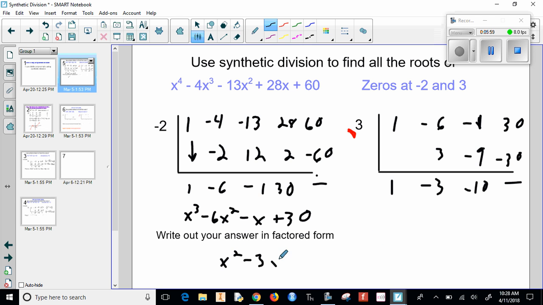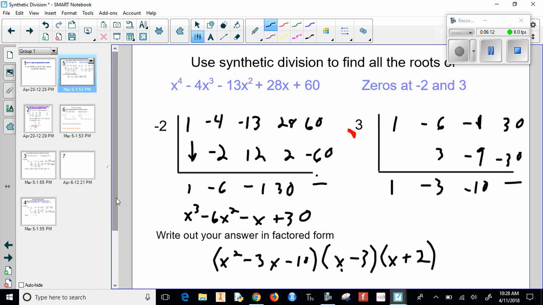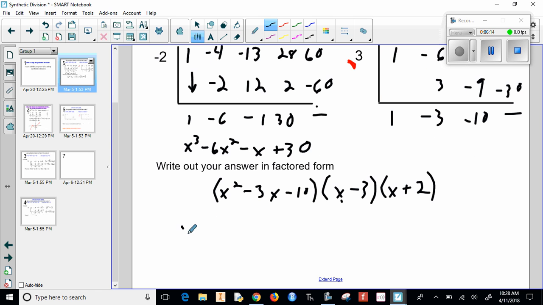First, I'm just going to get x squared minus 3x minus 10, and now this would be an x minus 3. This one would give us an x plus 2, and that looks great. To totally put it in factored form, we would want to factor this, which would be an x minus 5, x plus 2. Now since there's two x plus 2's, we say this is x plus 2 squared.